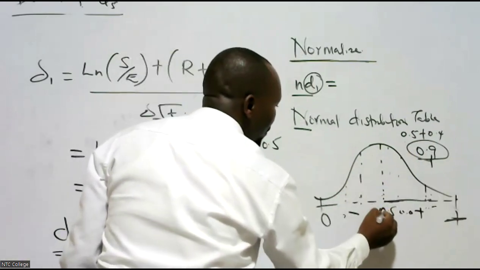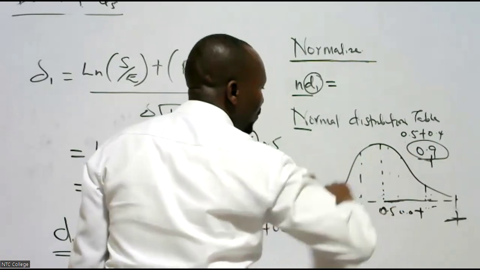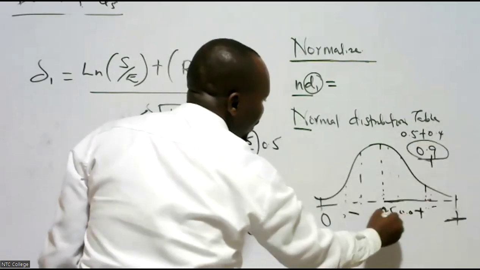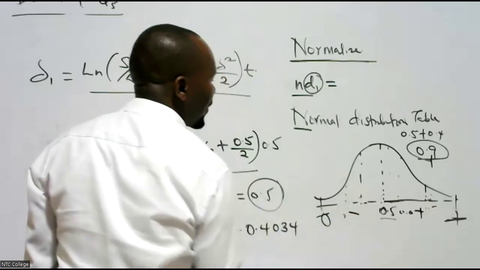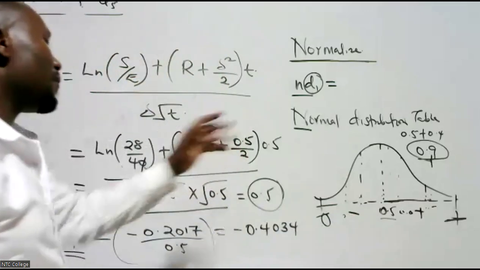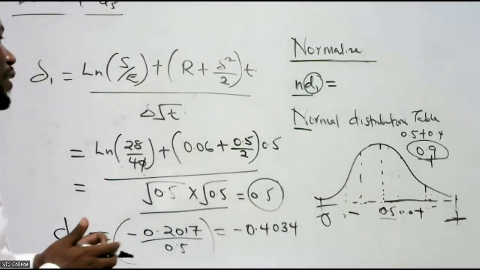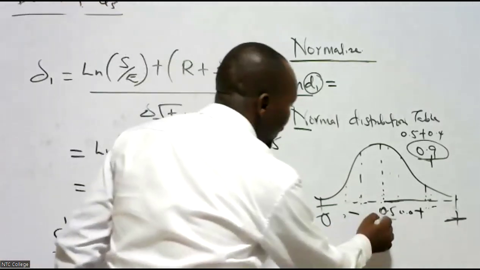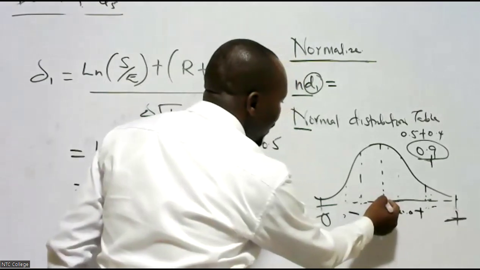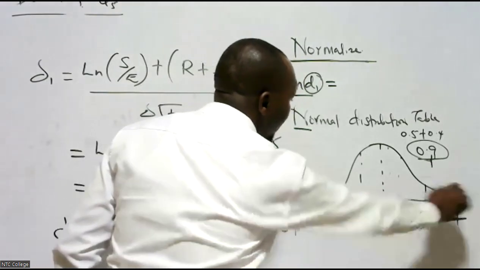Are you moving toward the positive side of 0.5 or towards the negative side of 0.5? On this normal distribution graph, this one is in the middle. Then the side will tell us where you are, on this side or on the other side.